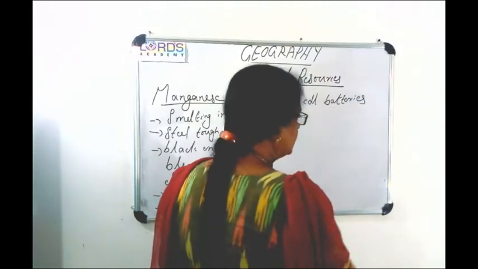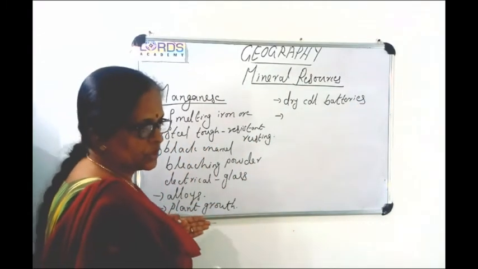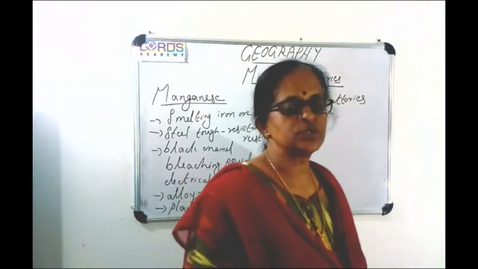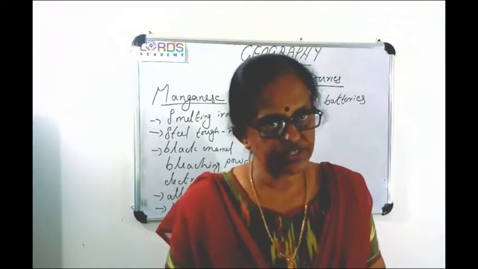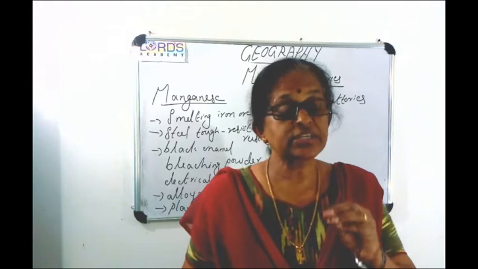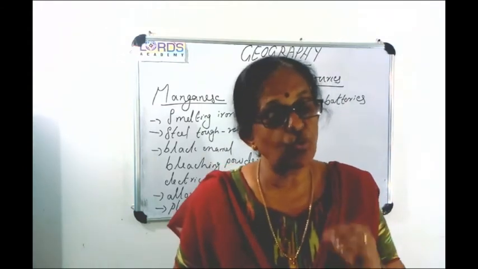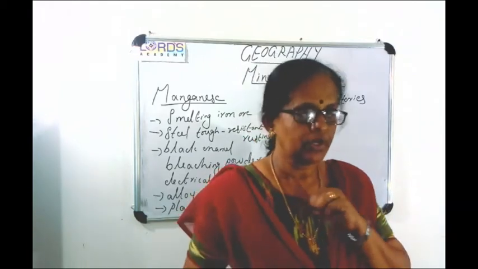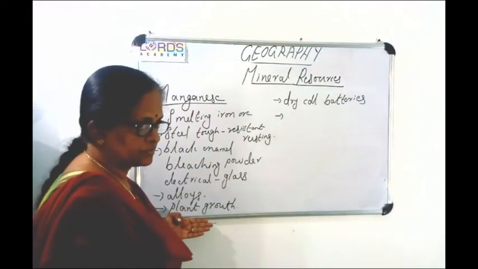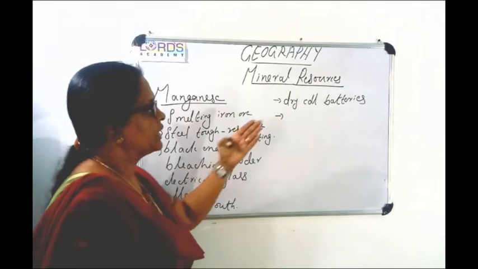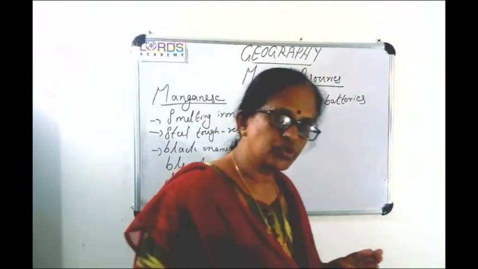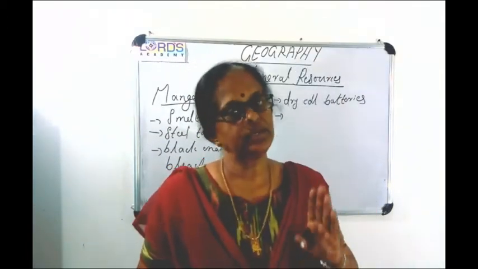Clear? Then next one, not only for plant growth, for animals and human beings also it is very important. It aids in the action of many enzymes involved in the metabolism of fats and proteins. It is useful for animals and human beings.